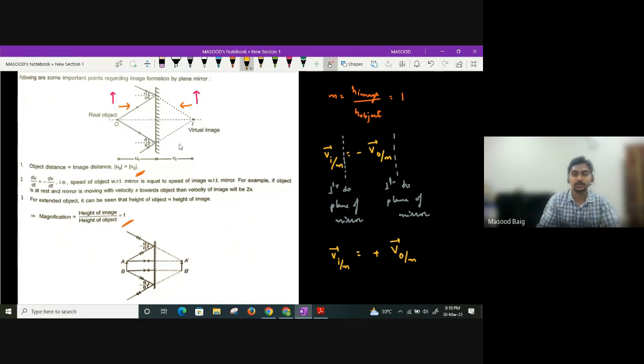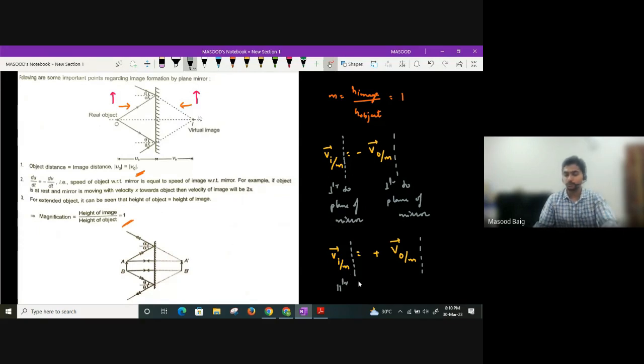Two cases are there which are very important. When I write the velocity of image with respect to mirror is minus the velocity of object with respect to mirror, it is due to those components which are perpendicular to the plane of the mirror. And when I write the velocity of image with respect to mirror is the velocity of object with respect to mirror, which components am I talking about, guys?